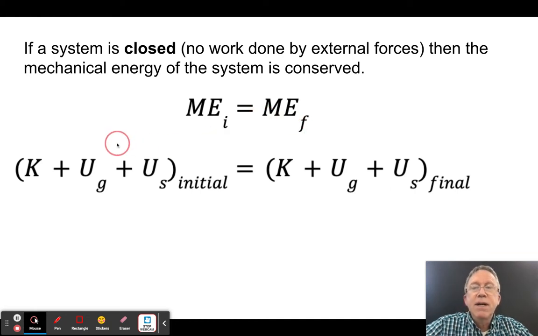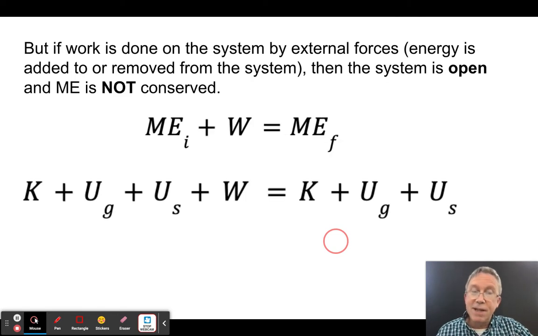So you can think of it this way: the sum of the kinetic plus gravitational potential plus spring potential energies that I start with initially is going to equal the sum of those same things afterwards. The kinetic plus the UG plus the US afterwards. These two summations have to equal the same thing because these forces are conservative. They store up energy and then release them as kinetic, and so we're not gonna lose any of the energy that we start with.